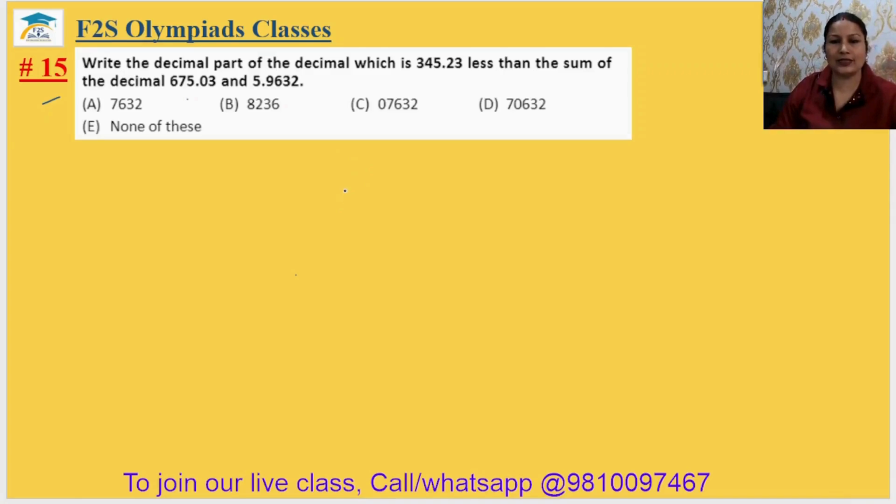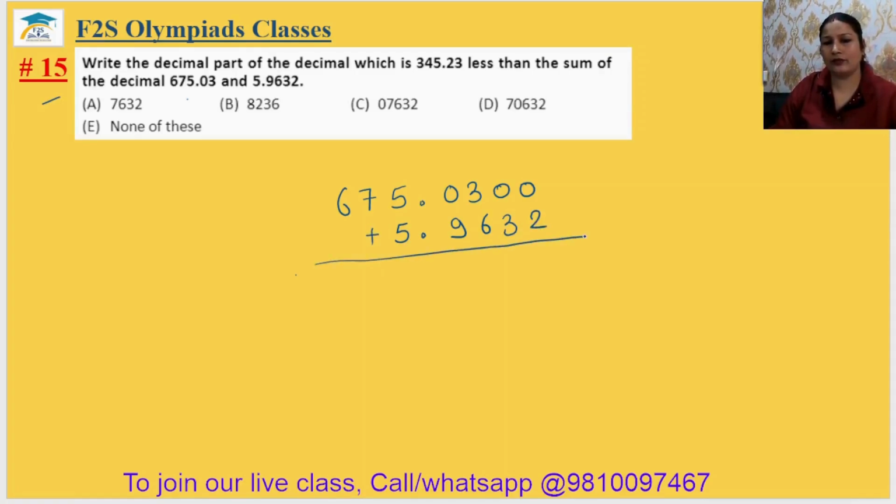So first find the sum of these decimals. 675.0300. We will put 00 here to make both the decimals like decimals. After adding, you will get 2399.086.